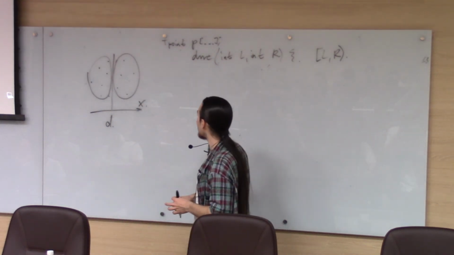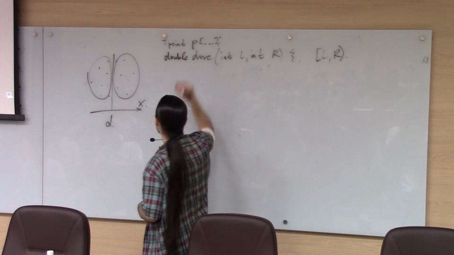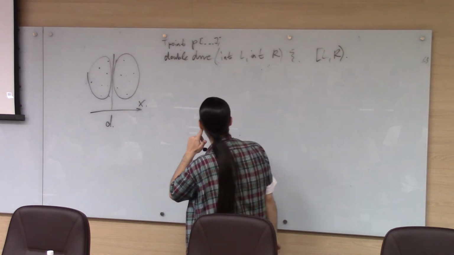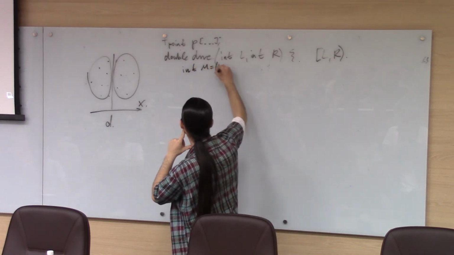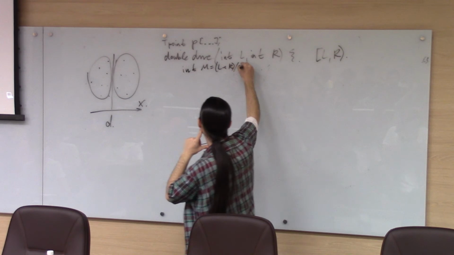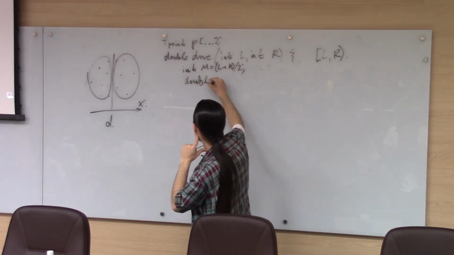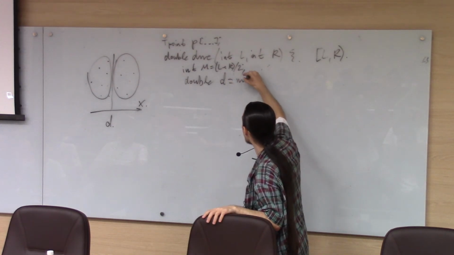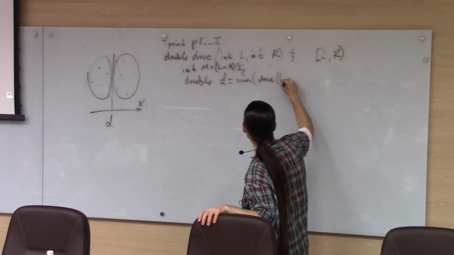So I guess our function should return double or something. And so what we do here is we find the midpoint and then obtain the preliminary answer d as the smallest of the two numbers for the two halves.